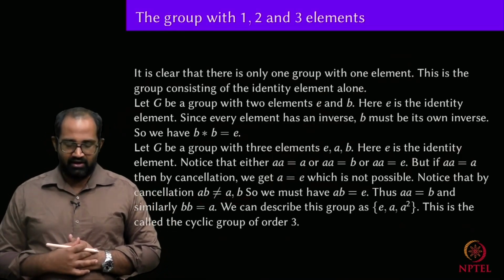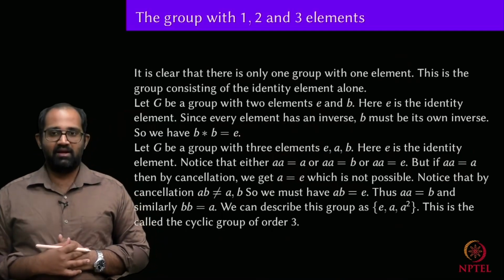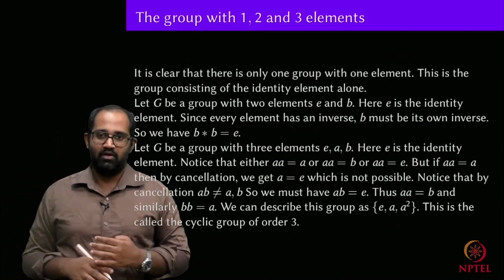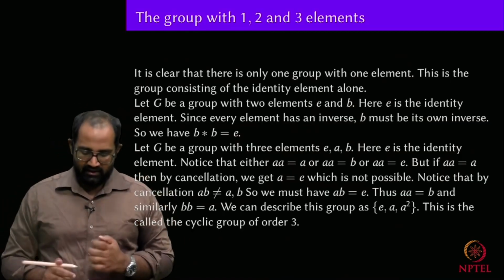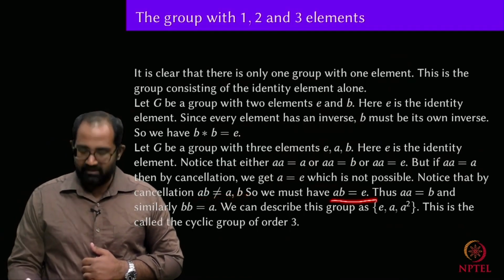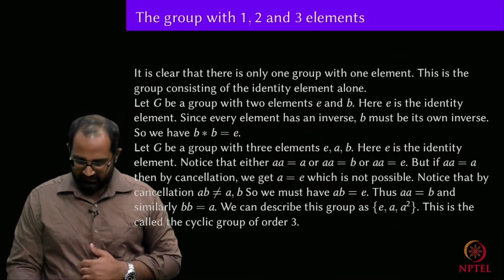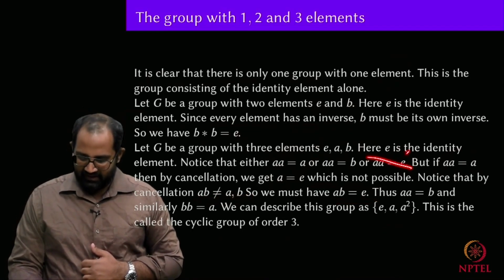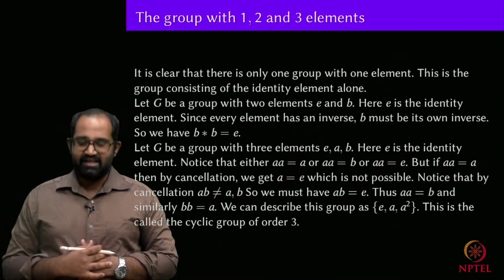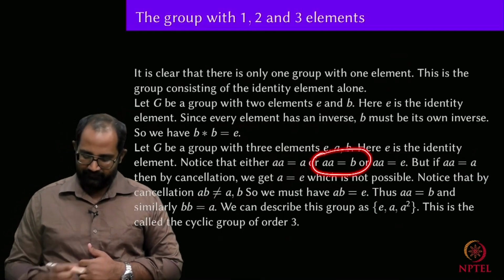You just write AB equal to AE, cancel, you get B equal to E, which is a problem. Similarly, AB equal to B, you cancel the B's, you get A equal to E, another problem. So, you cannot have AB equal to A or B. That means AB must be E, which in turn by uniqueness of inverses prevents the possibility that AA equals E. That is not possible because AB equals E, which leaves out the only possibility, that is AA equal to B.